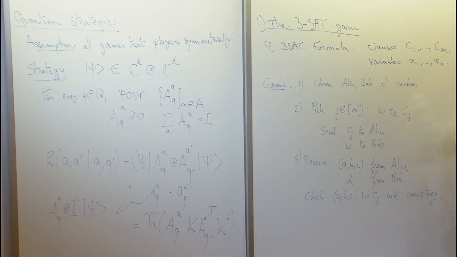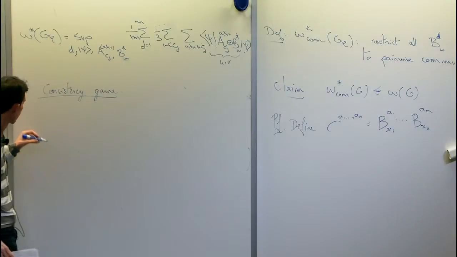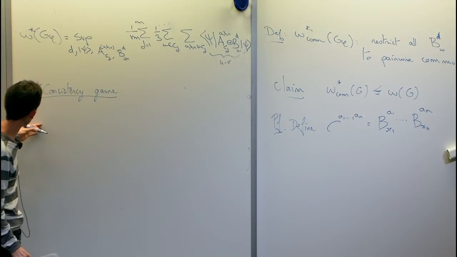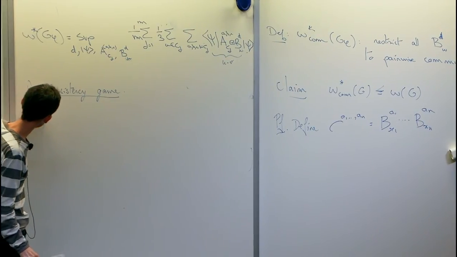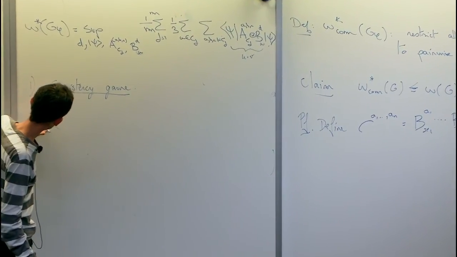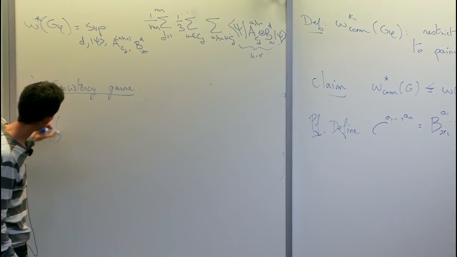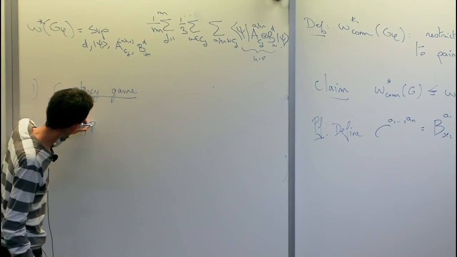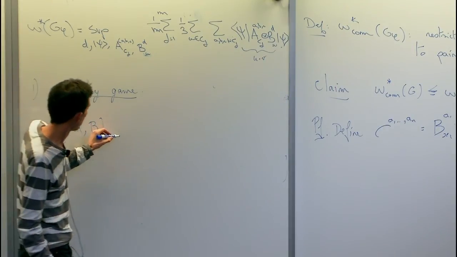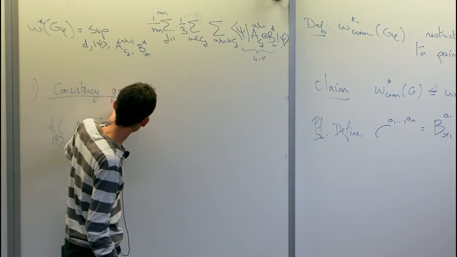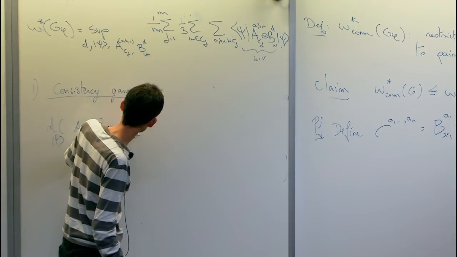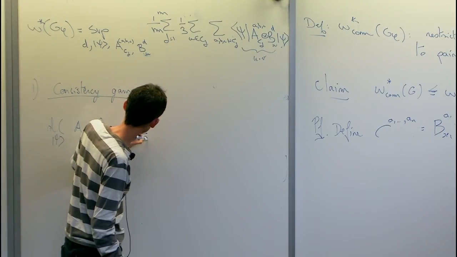So if we have two strategies, A and B, I'll define a distance. Let's call it distance. It's going to depend on the state, between A and B. It's going to be slightly game dependent, but not too much. So let me write it.